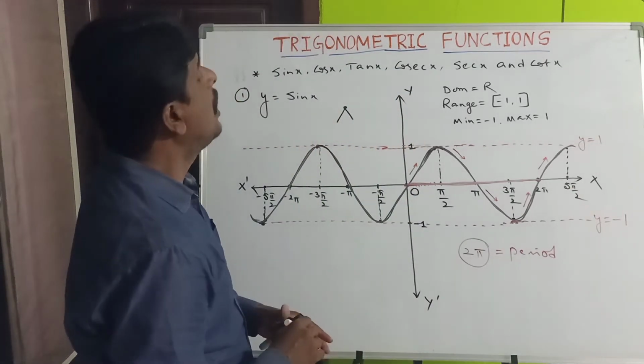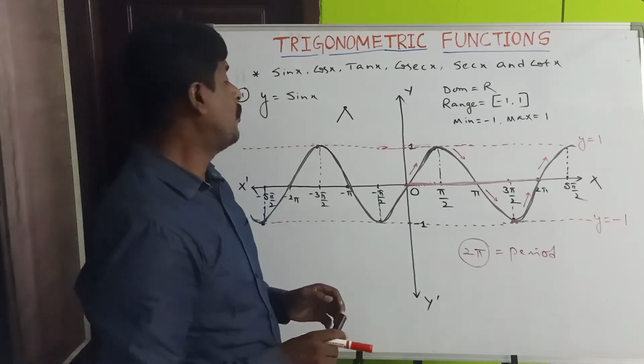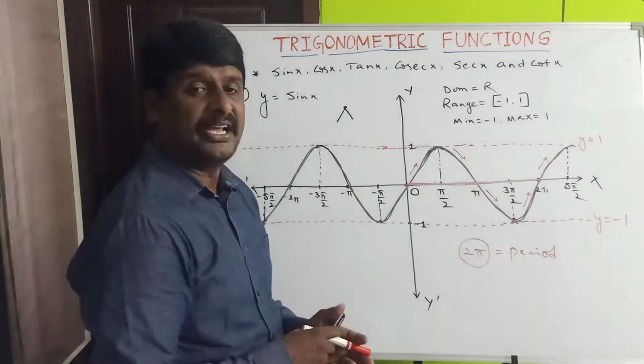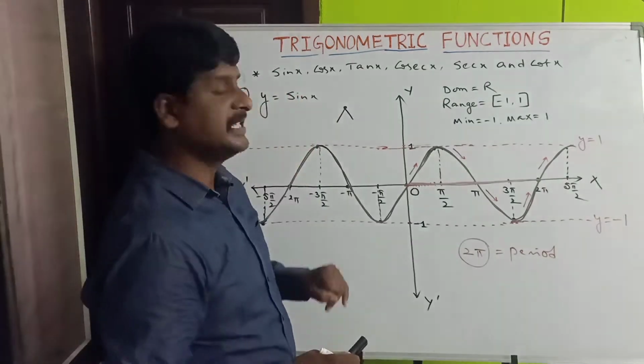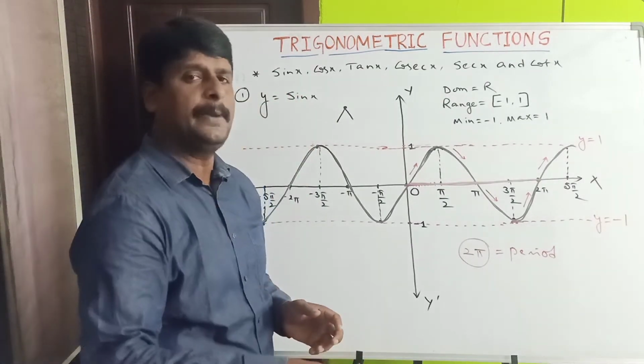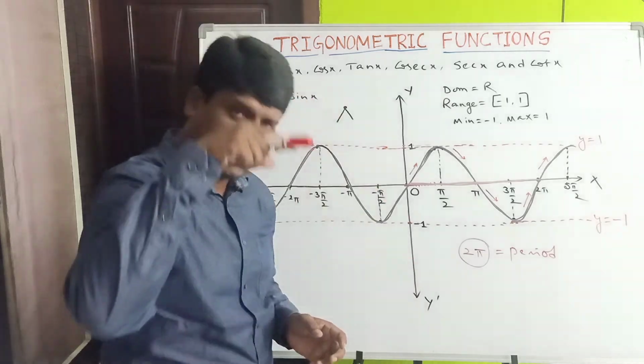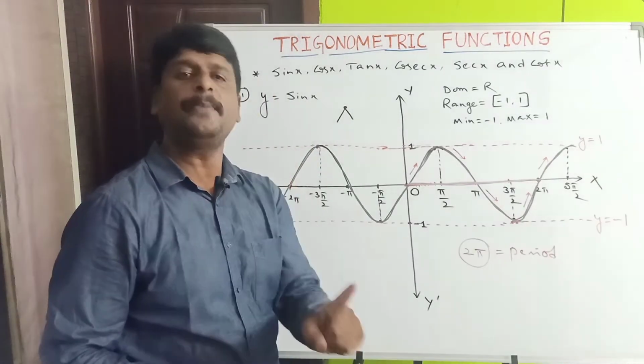And also check whether it is one-one or not. We can say that a function is one-one if we draw any line parallel to the x-axis and it intersects the graph at only one point.